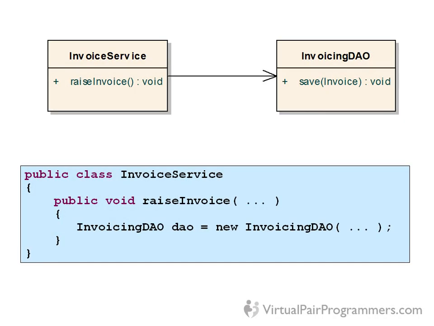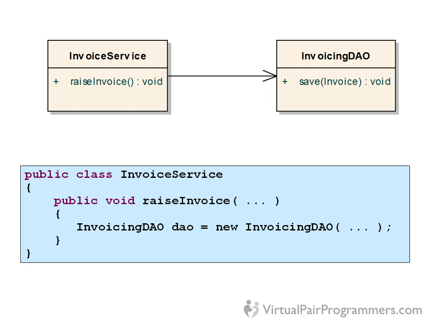Now, what we're really interested in for this course is what I'm going to call the architectural coupling. That's the coupling between the tiers of our application, such as, in our example, the service tier and the DAO tier. It's almost always desirable to decouple here, because we probably want to be able to change things around. We want to change one tier without affecting the other tiers. Now, in our example system, we've already identified that there are at least two reasons why this DAO class, this dependent class, might need to change.